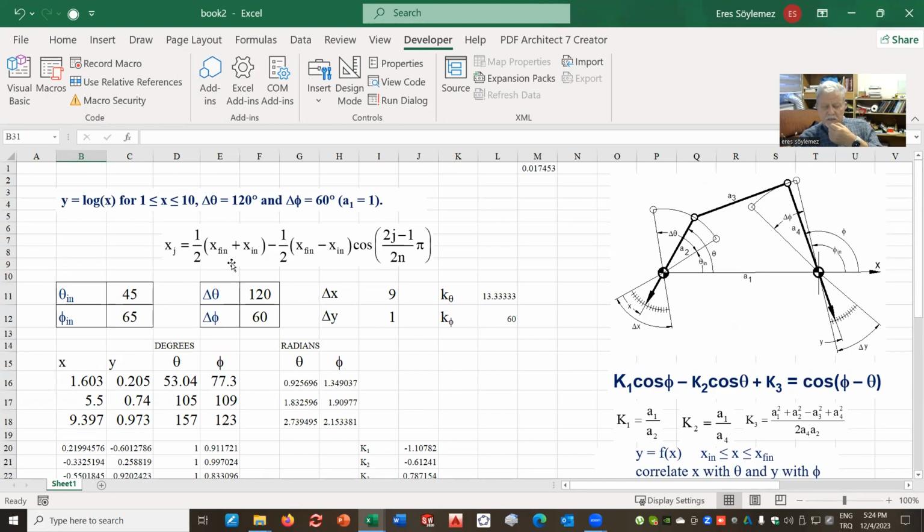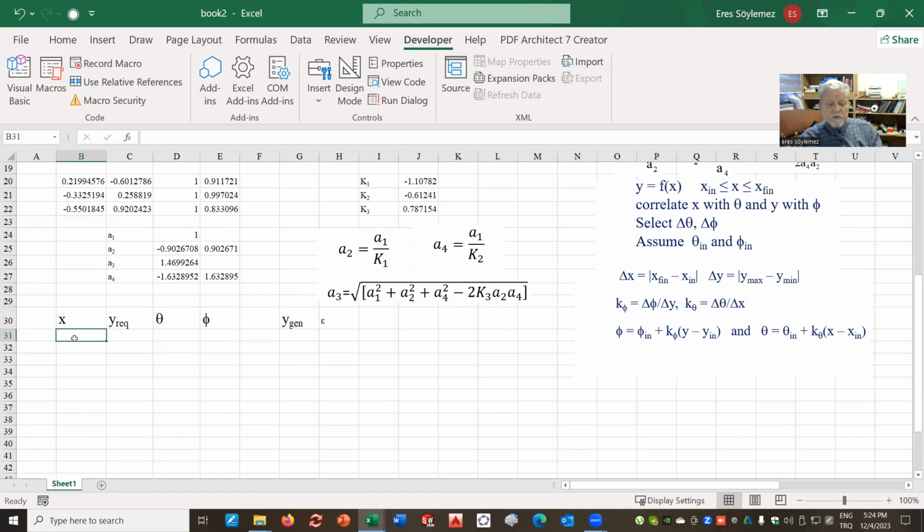X is in between 1 and 10. So what I will do is, first of all, I will select X1. I'm going to select 0.5 increments, but if you want, you can select 0.1 increment or 0.2 increment or 0.01 increment. This depends on the accuracy you want to solve. But right now, I think 0.5 is good enough.